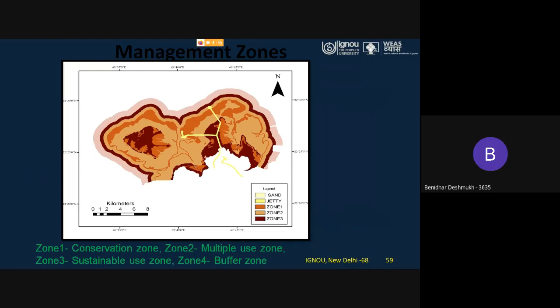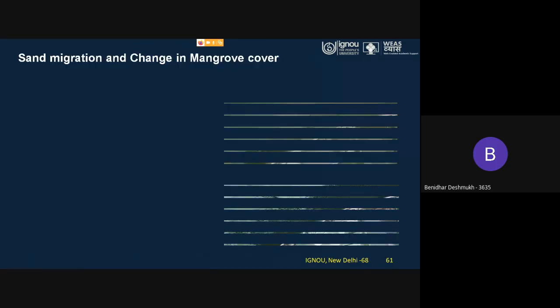But when we can give them something that is useful for them to understand, then it would be much more useful. So this map shows 4 different zones based on the criteria that was set. These are the areas where it needs to be used for conservation, sustainable use, or multiple use, or for buffer zone.